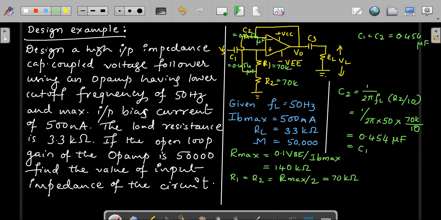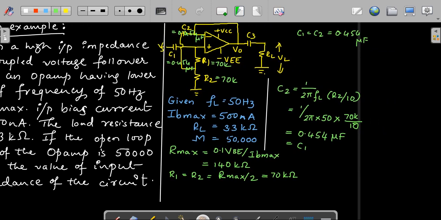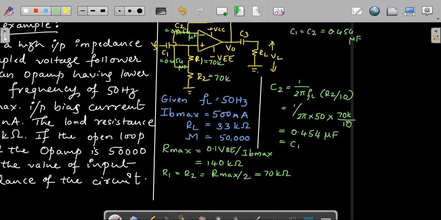So C3, your C3 is equal to 1 divided by 2 pi FL into RL. So 1 divided by 2 pi, FL is 50, RL is 3.3K.